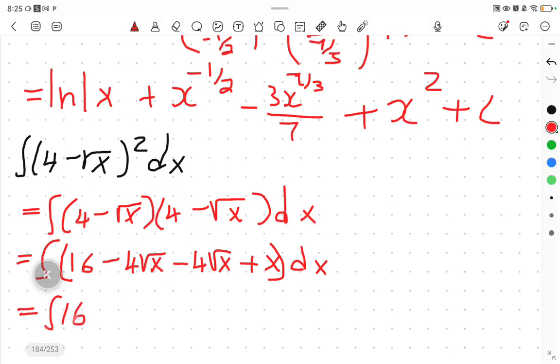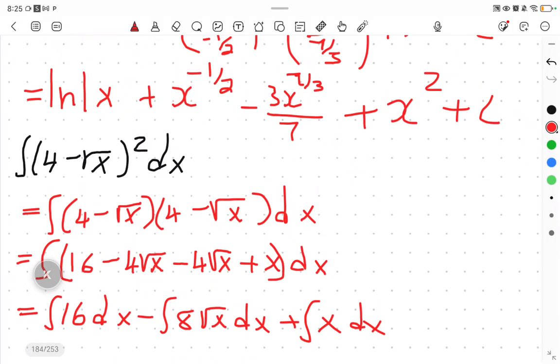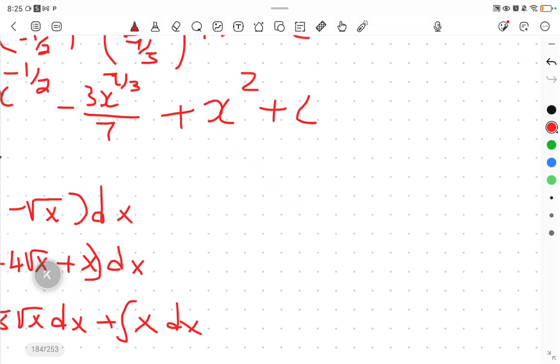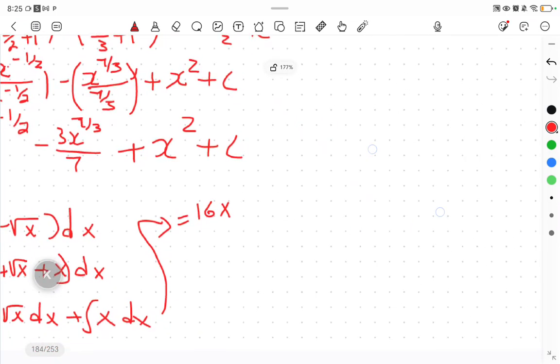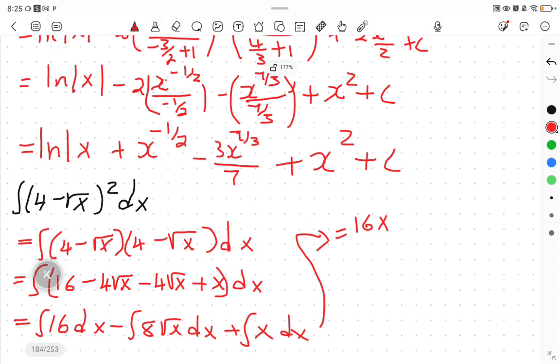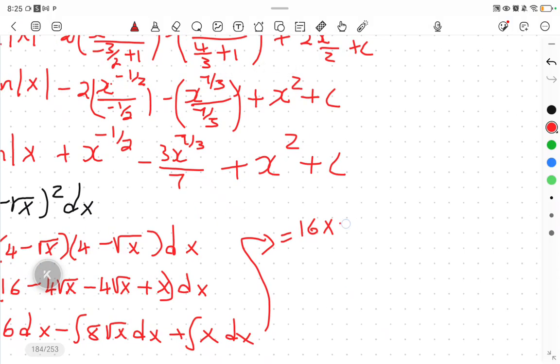And this will be the integral of 16 dx minus this will give us minus 8, minus the integral of 8 root of x dx plus the integral of x dx. And then we know that the integral of 16 is 16x, and the integral of that minus 8 is x to the 1 over 2 plus 1 over 1 over 2 plus 1.